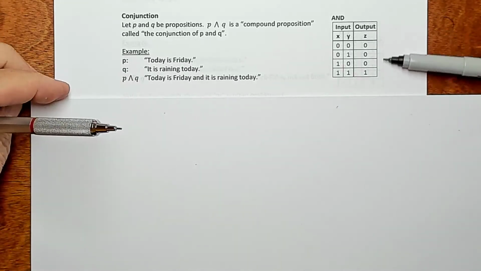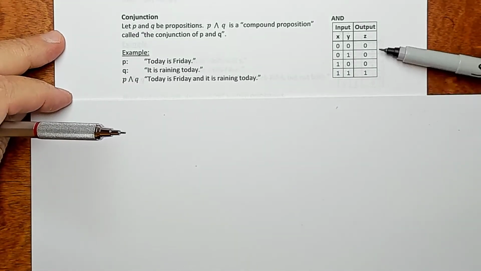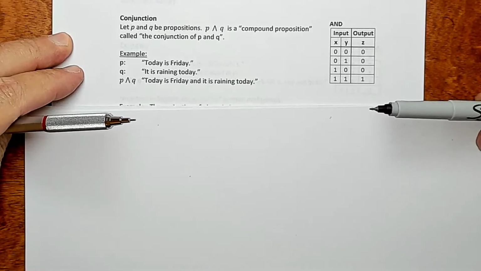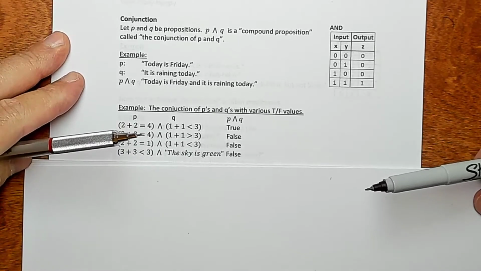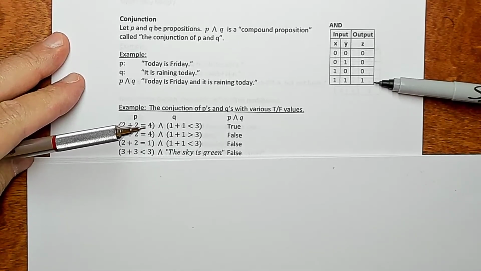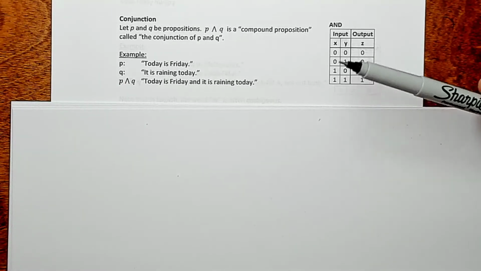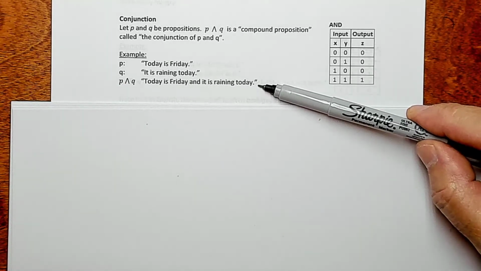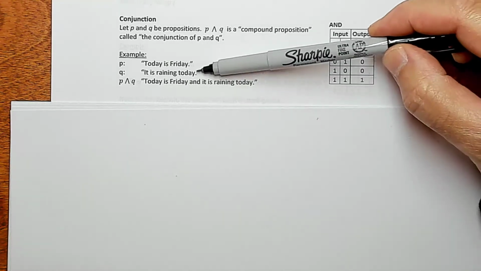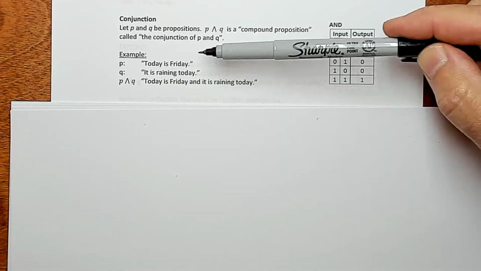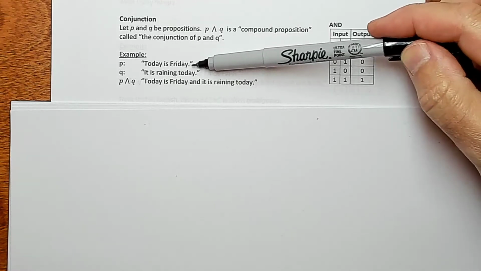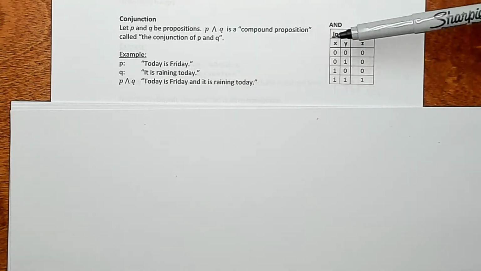Okay, so here's the truth table for conjunction, showing various values of the compound proposition based on the values of the input propositions. So basically, let's say it's not Friday.